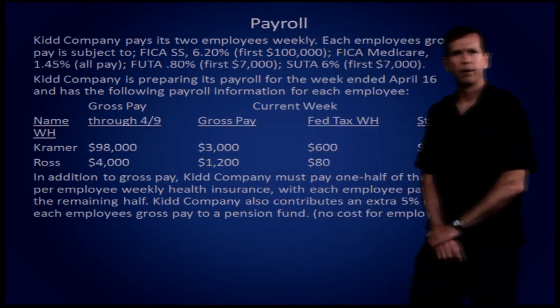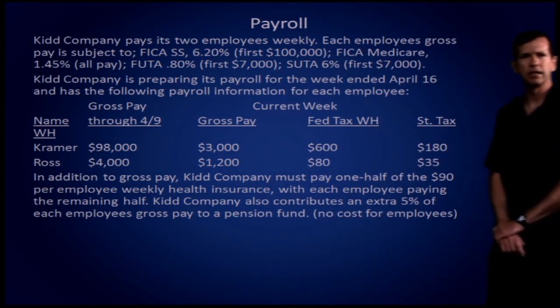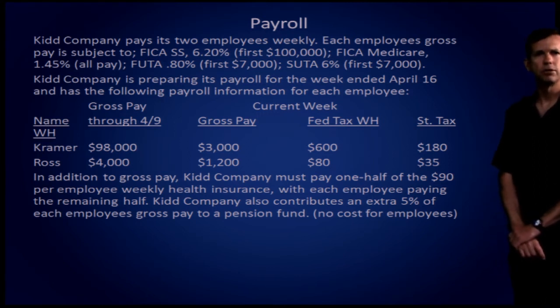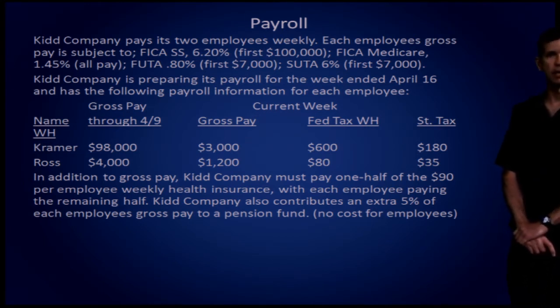Setting up our problem, it says that Kid Company pays its 2 employees weekly. Each employee's gross pay is subject to FICA, the Social Security part of FICA, which is 6.2%. And that's only the first $100,000 that they make in a calendar year.